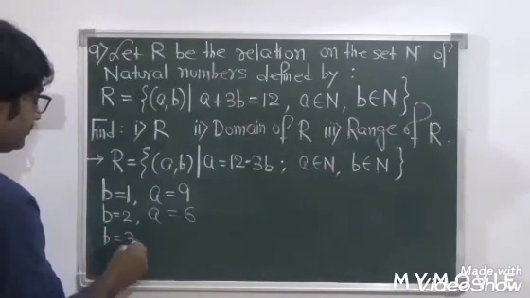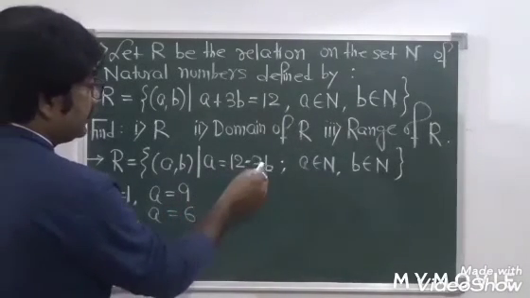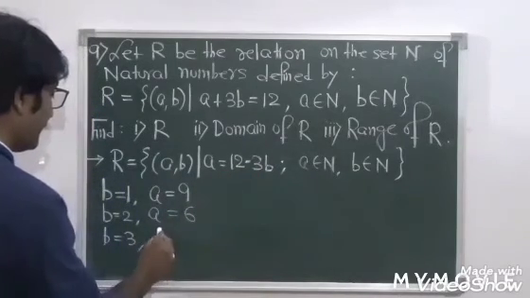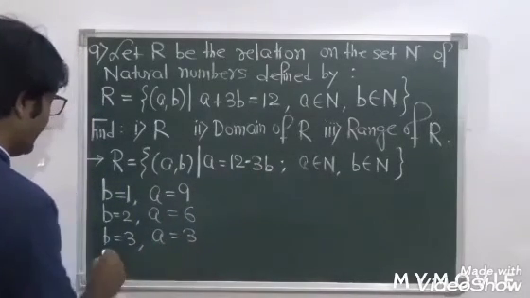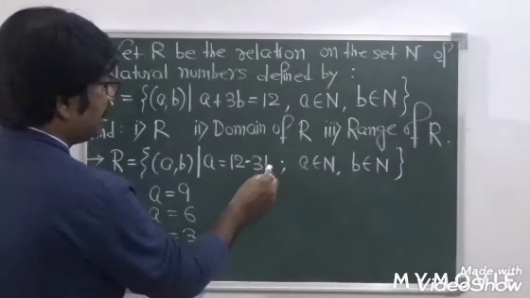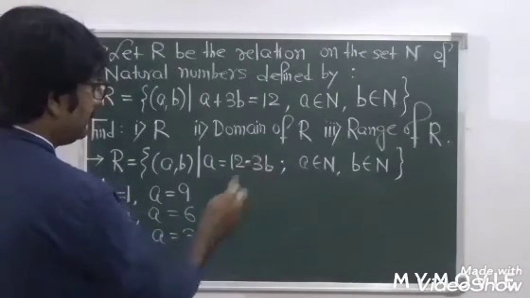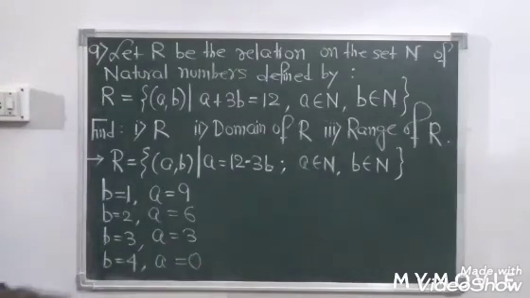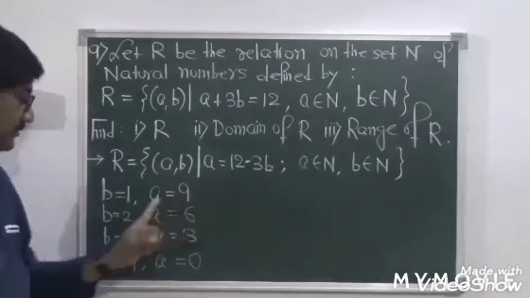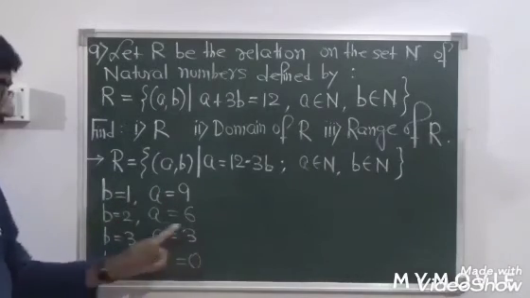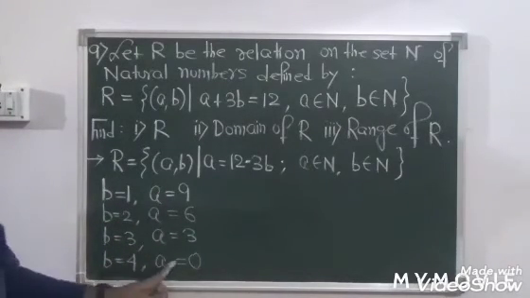When B is 3, 3 into 3 is 9, so 12 minus 9 is 3, so A is 3. When B is equal to 4, that is 4 into 3, that is 12. 12 minus 12 is 0, that is A is equal to 0. Now you can see, when B is 1, A is 9, when B is 2, A is 6, when B is 3, A is also 3, but when B equals 4, A is 0.